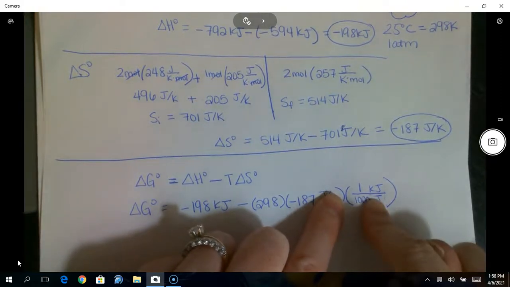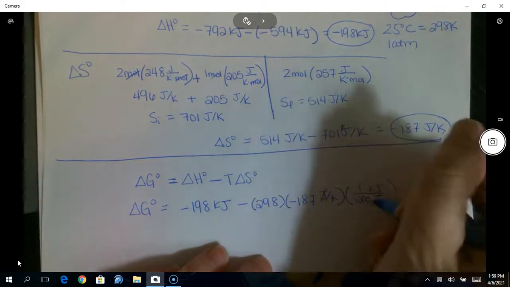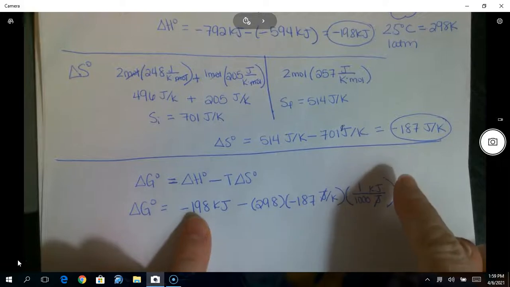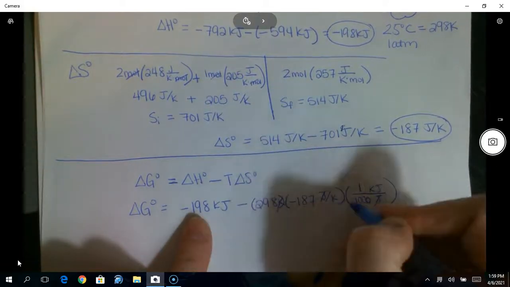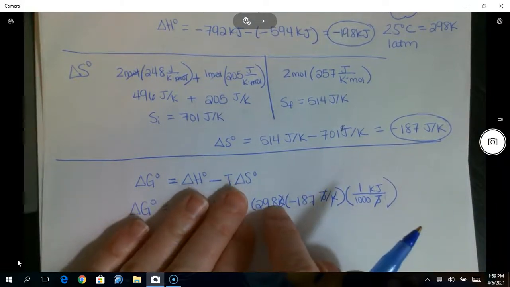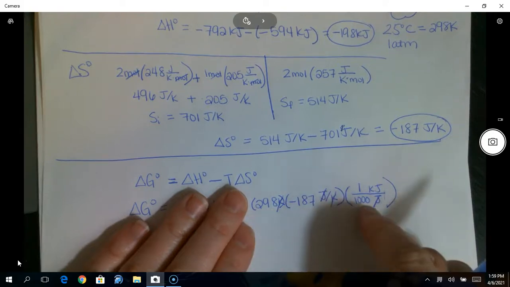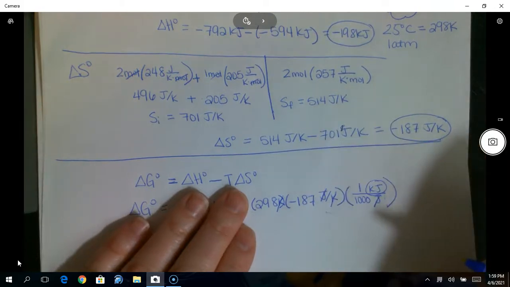These are equal. But now that I've done this conversion, I can get rid of joules, and I'm left with kilojoules. That'll also allow these to add up nicely, because this is kelvins. I forgot to write my K. So my kelvins are going to cancel. So this whole thing, 298 times negative 187 divided by 1,000, is going to be left in kilojoules.